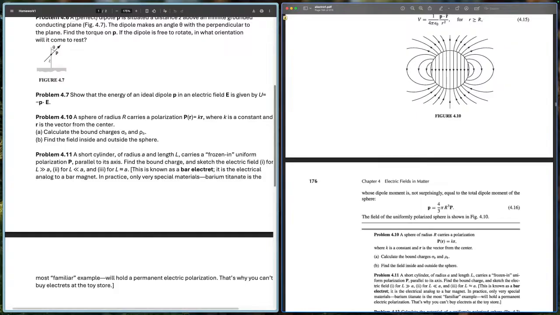Okay, so a sphere of radius r has a polarization. So we want to find charge densities and electric fields.